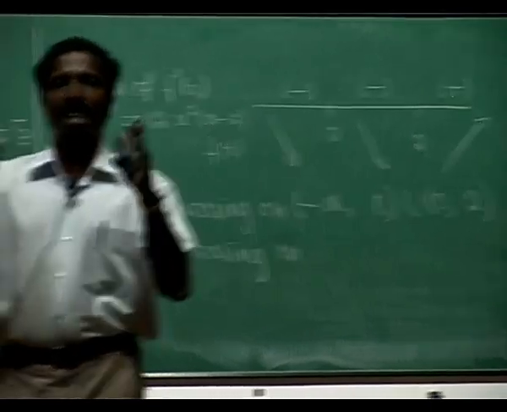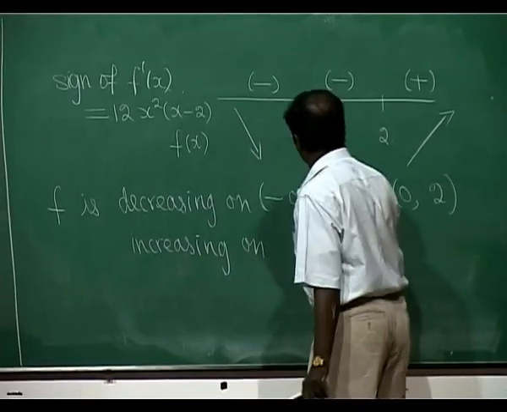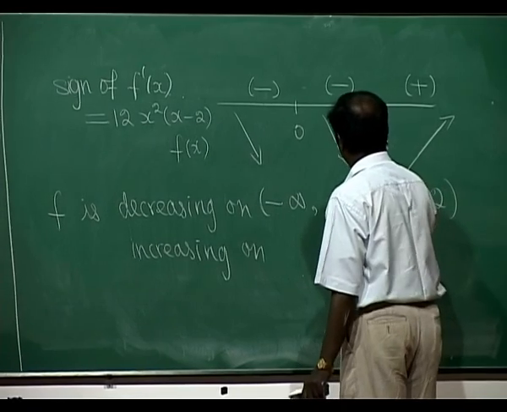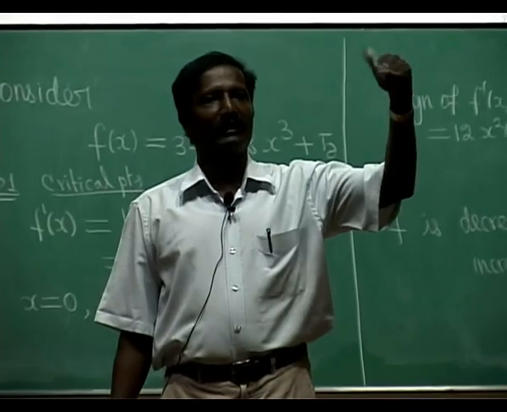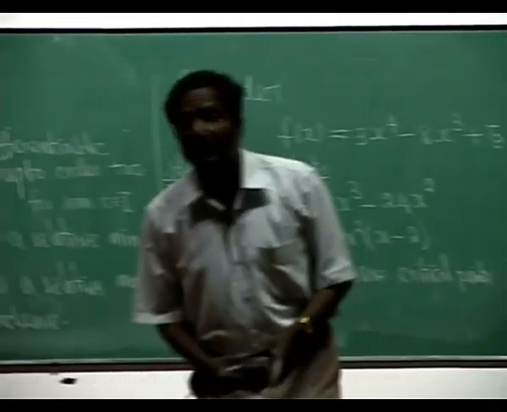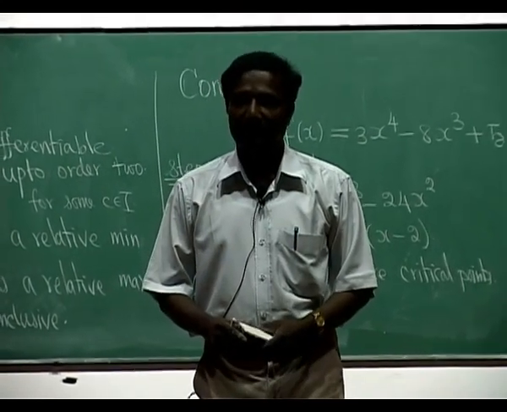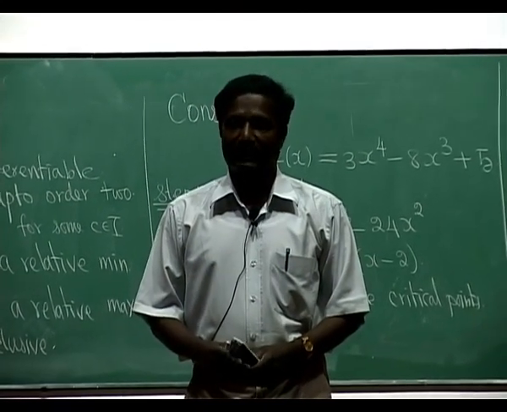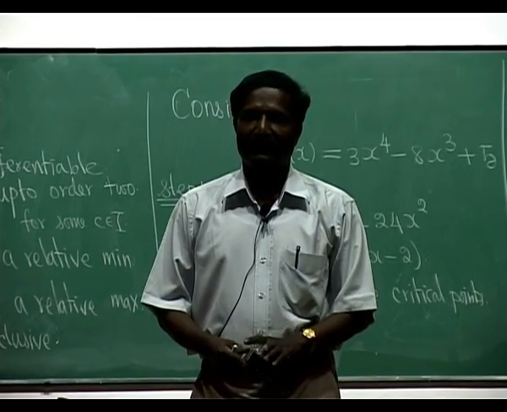If you say it is decreasing on that interval including 0, nothing wrong with that. But decreasing and non-increasing are mutually exclusive, and sometimes it is put as a closed interval.